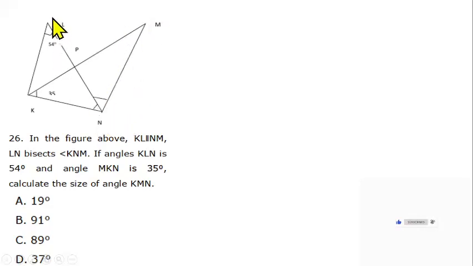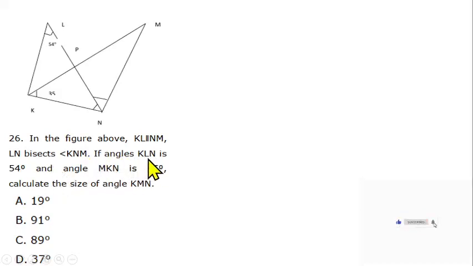So this side is parallel to this side, that's what they said. And line LN bisects angle KNM. So this line here bisects the total angle here into 2 equal halves. Don't mind that the diagram is not drawn well. It's not from me. I got the question from somewhere else, so if I were the one, I would have drawn it very well.